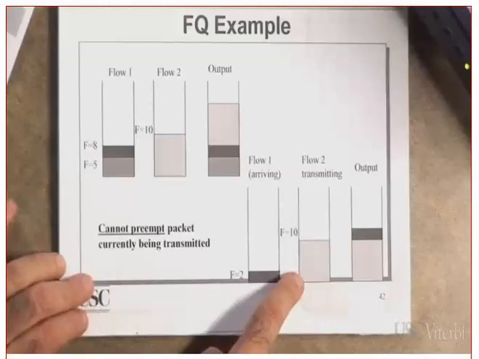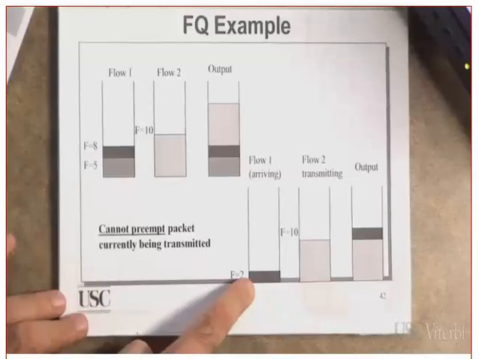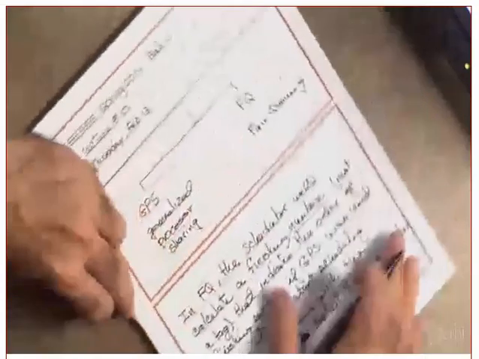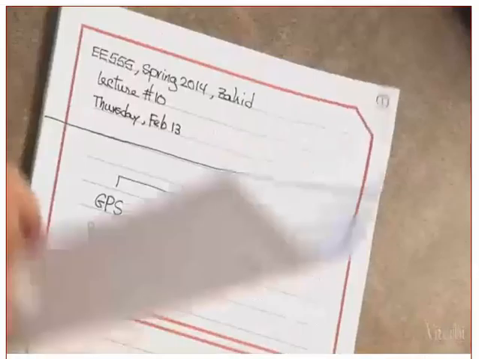Clear? What is it equal to? The maximum of F_i^(k-1) and R(t), plus L_i^k over what? I'll explain that to you in just a second.